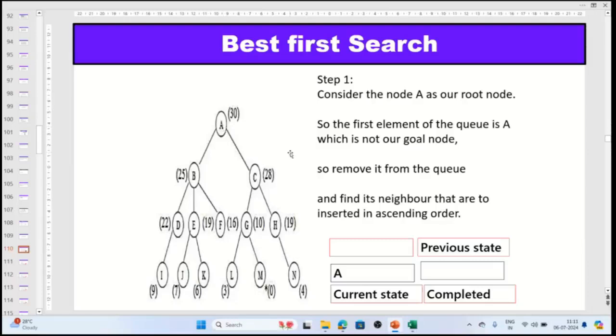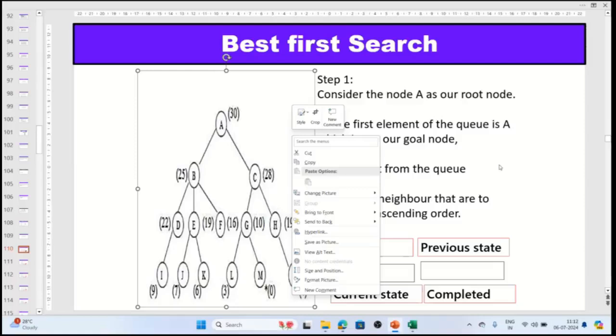So now step 1, take the new root node in the fringe. So this is our fringe, that is the current state. So I am right now at A. In the fringe A is there, nothing is completed, no previous, because this is the start node or root node. So there is nothing previously there.